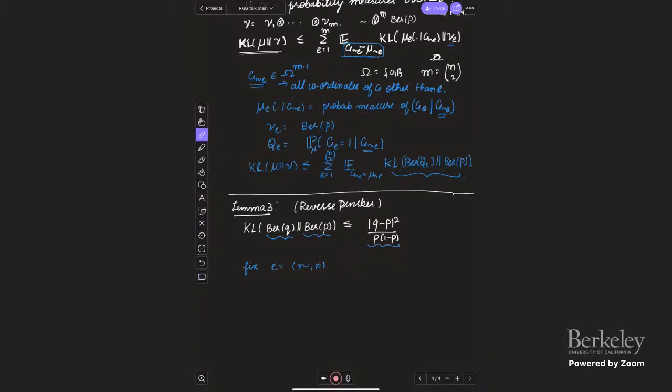And KL tensorization and reverse Pinsker inequality applied to this case show that KL divergence between RGG and G(n, P) is less than or equal to NC2 times expectation of |QE minus P| squared divided by P times (1 minus P). To remove some of the nuisance aspects in the expression, we just write it as n squared over P expectation of |QE minus P| whole square. Here, the expectation of GE goes as mu tilde E is assumed when we say QE.